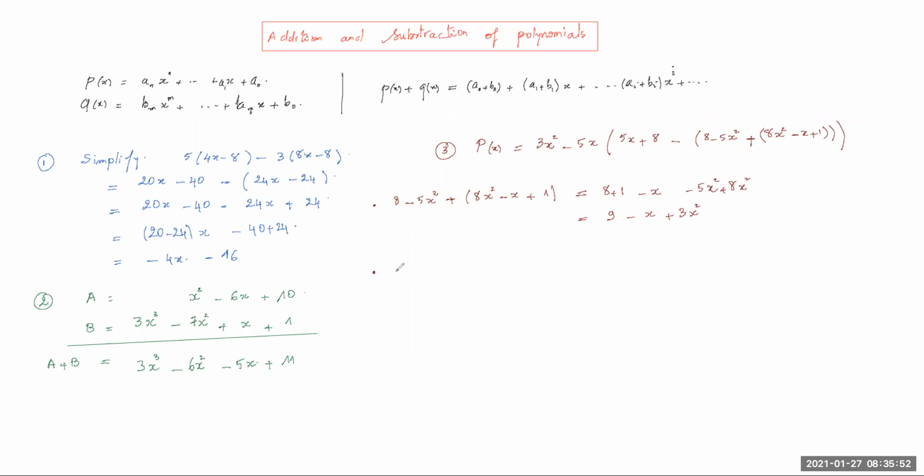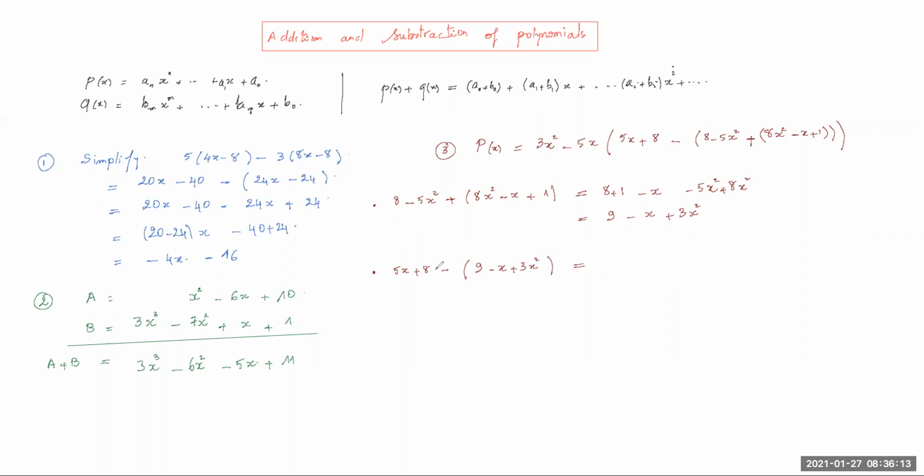Let's do now 5x plus 8 minus the one we computed here. I will write the result here and do the same work, regroup terms.